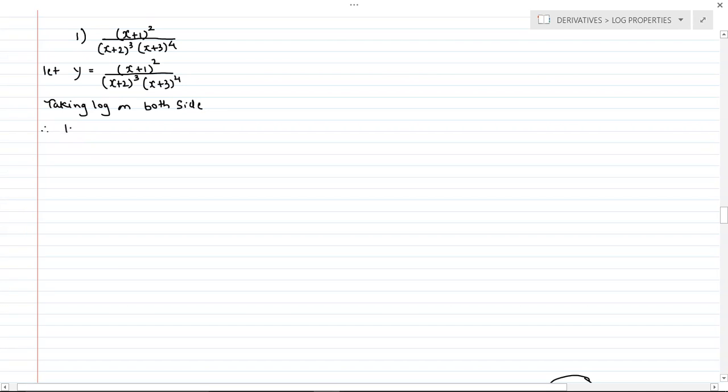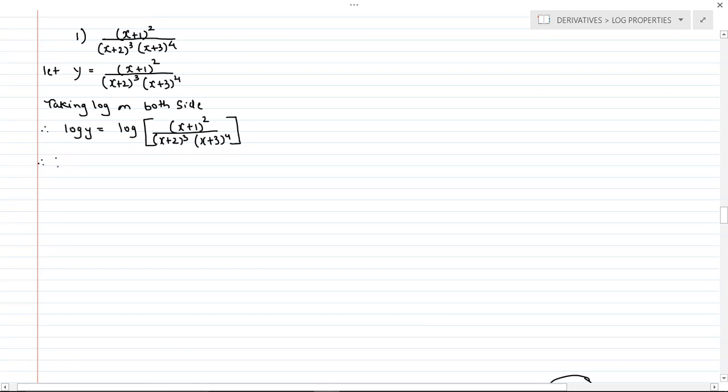Therefore log y equals log of (x plus 1) the whole square upon (x plus 2) the whole cube times (x plus 3) raised to 4.